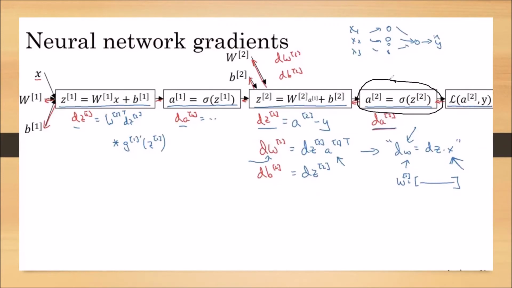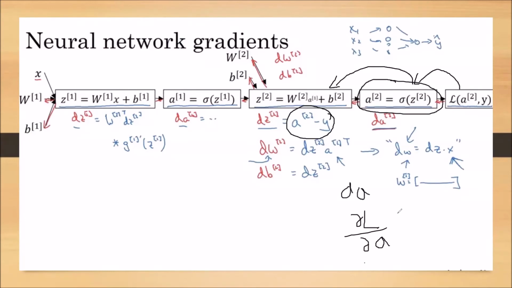So when we differentiate dou L by dou A and dou A by dou Z, that gives A minus Y. But remember, we are calling that dz. We call dou L by dou A as dA for our convenience, and then dou A by dou Z. Remember, the combination of these two is called dz. dz does not mean only dou A by dou Z. The combination of these two is dz.